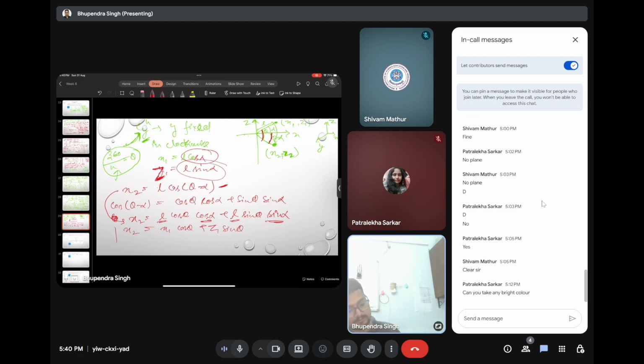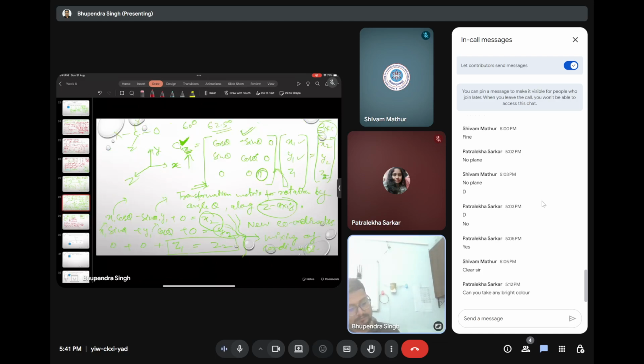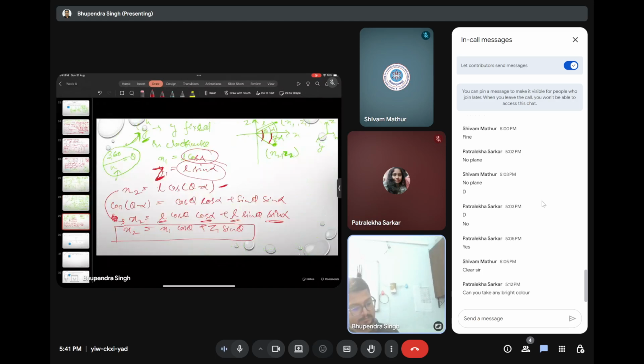This is how you got your x2. Similar to this, x1, y1, cos theta minus plus. Here we were rotating along the z direction. Here we were rotating along the x z direction.